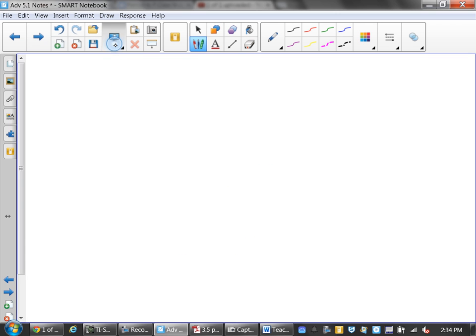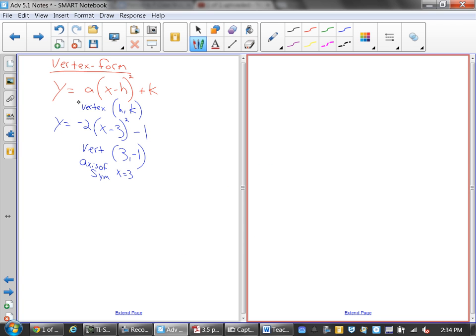Let me put this on a separate sheet. If I have a vertex at (3, -1), what quadrant is that in? 4. My vertex is there. My axis of symmetry is x equals 3. I have two things already plotted. What's the last thing I've got to plot?